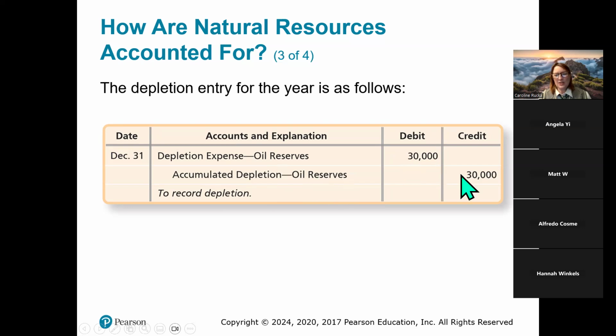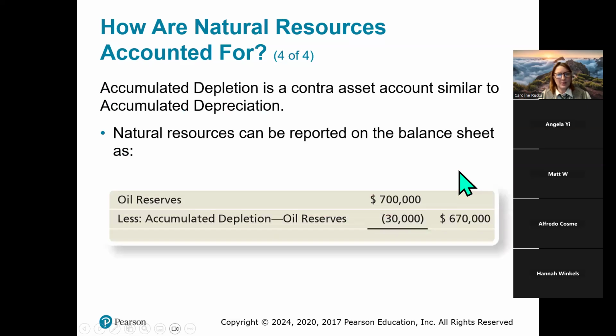Accumulated depletion on these oil reserves, also 30,000. Okay. Again, accumulated depletion, it's the contra asset to the oil reserve asset, just like accumulated depreciation. Really, it's the same thing. It's just a different type of asset.